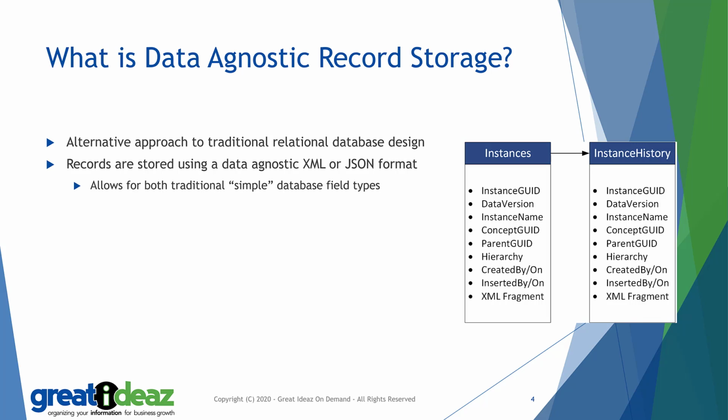An immediate advantage of using XML is that we have now both traditional simple database field types, for example, strings, dates, numerics, and we can now extend that to complex data types, for example, addresses, contact information, vehicle details, where a single field can contain multiple subfields.